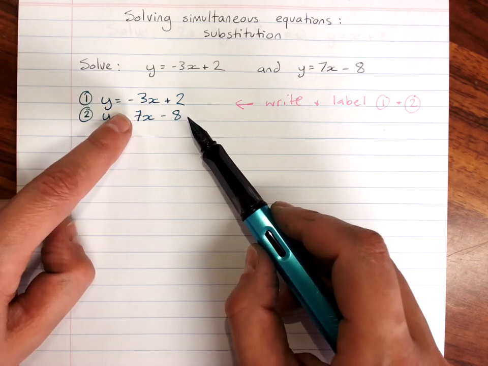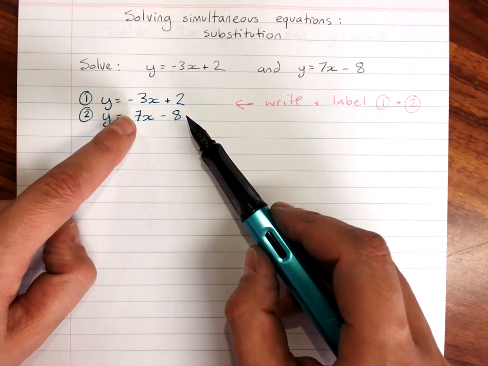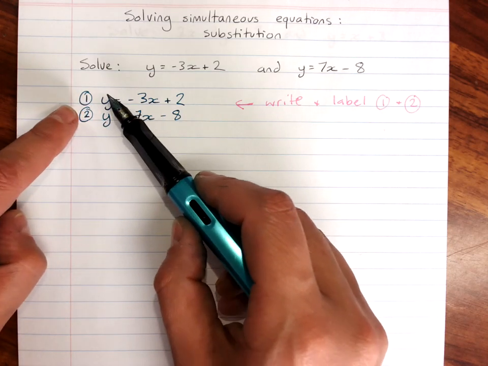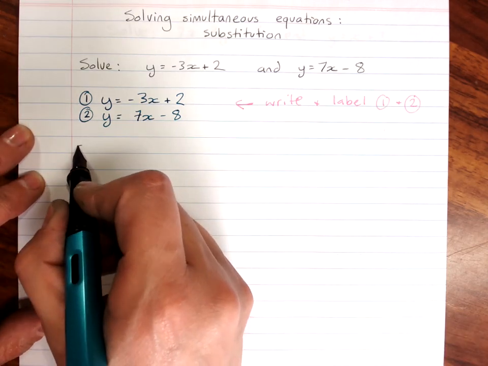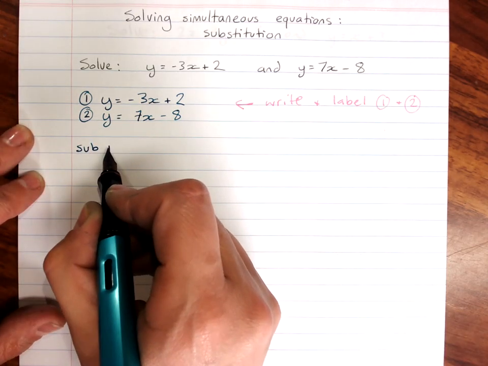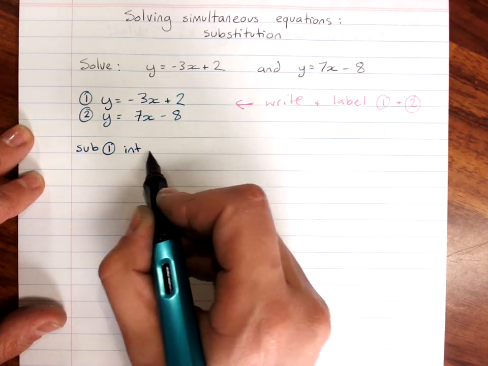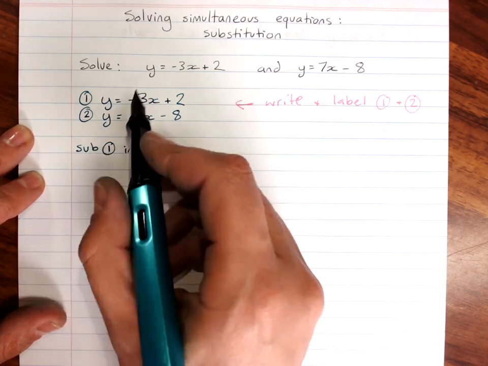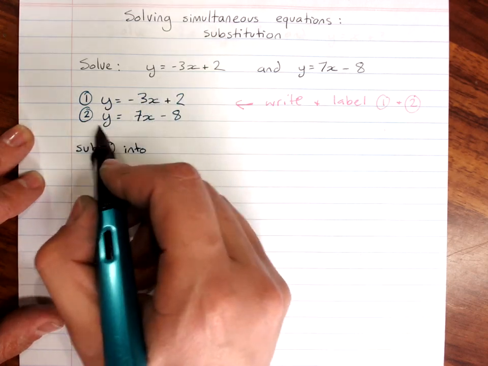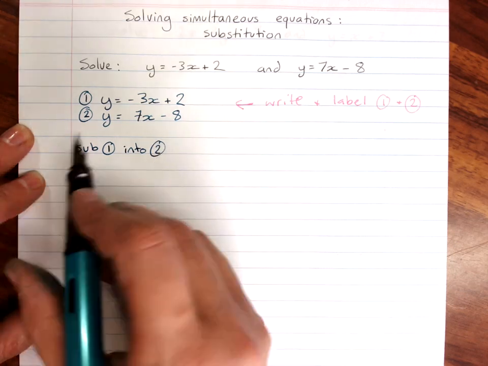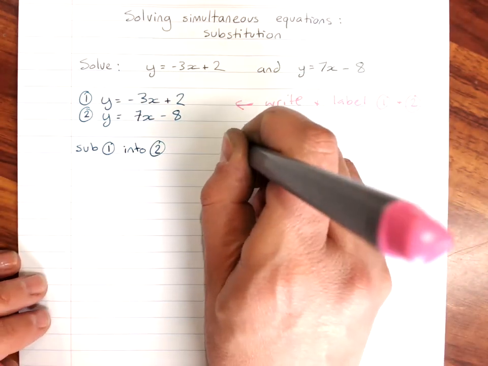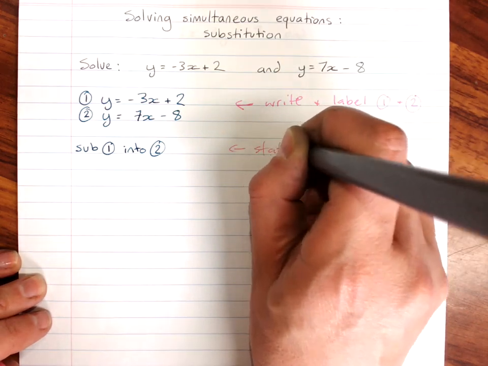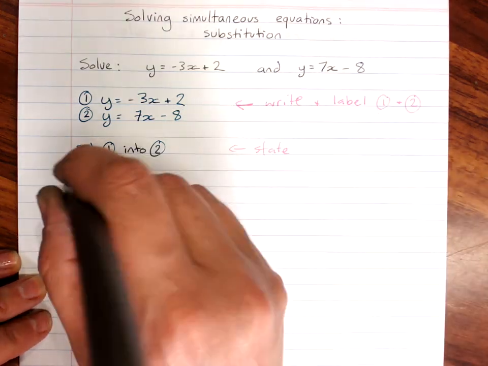Effectively, we are taking this value of y, 7x minus 8, and substituting it in for this y here. And we say, I am going to substitute equation 1 into equation 2. And so you are very definitely and clearly stating that you are substituting.